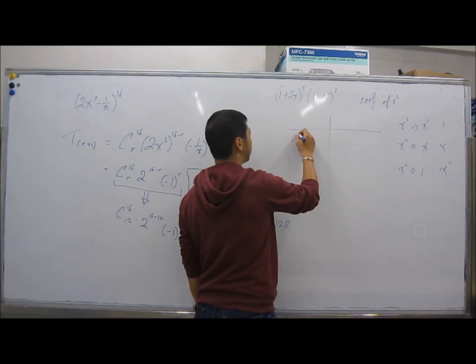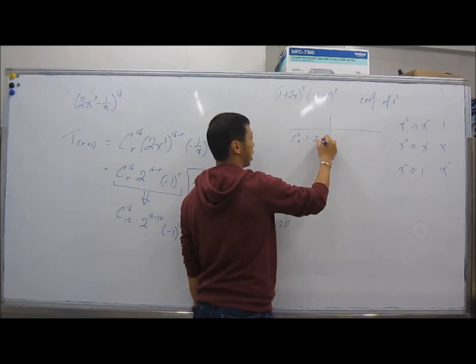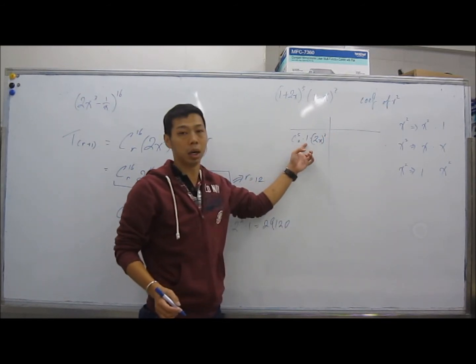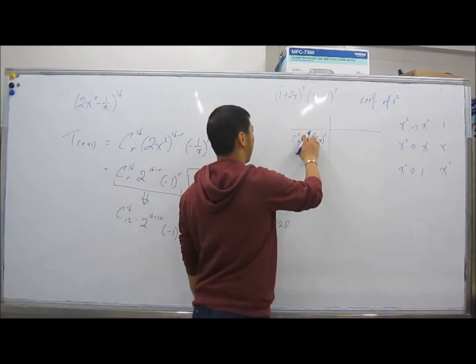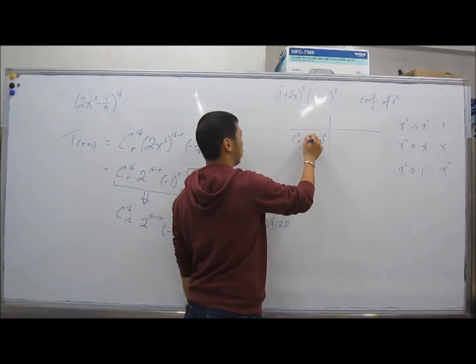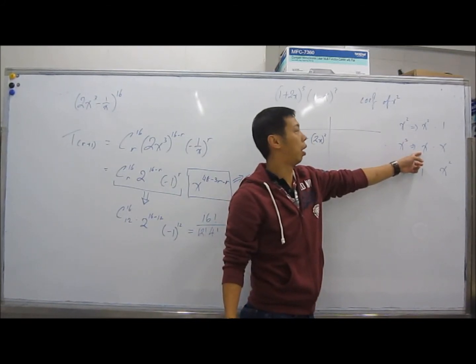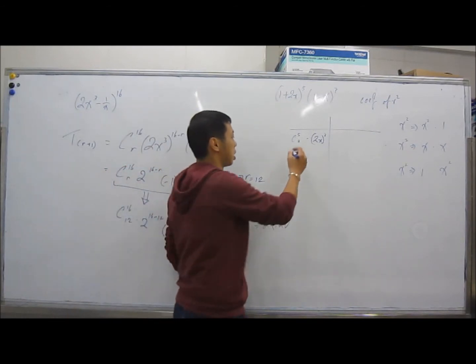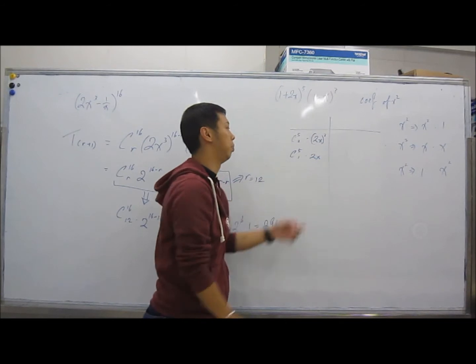So C(5,2) times 1 times (2x)². Actually, you can ignore the 1, because 1 times anything is still that number. Other one, the coefficient of x for (1 + 2x)^5 is C(5,1) times 2x. The constant must be only 1.